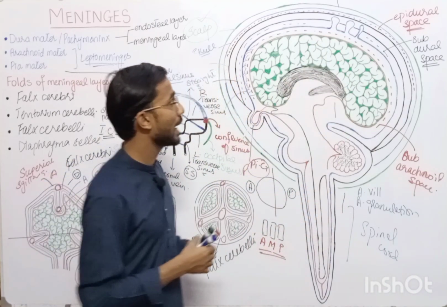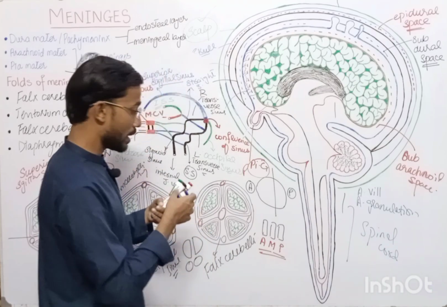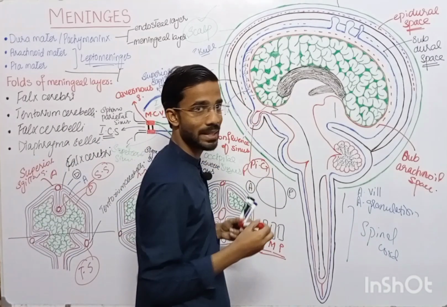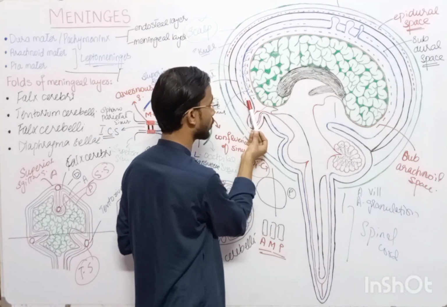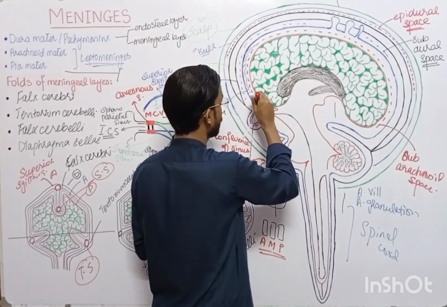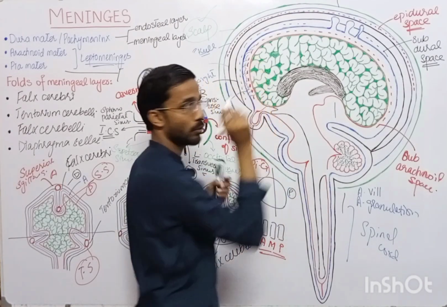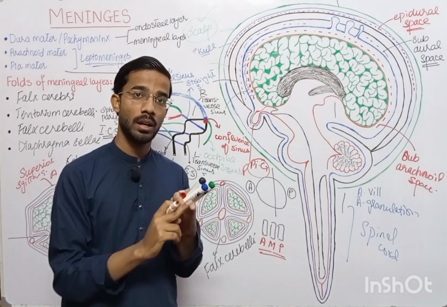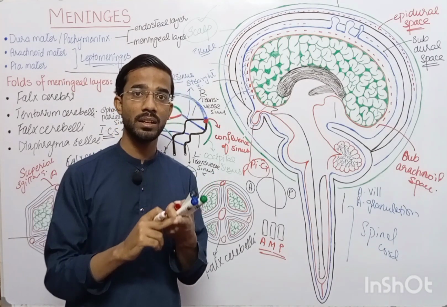And the cerebrospinal fluid is present in the subarachnoid space, which is present between the arachnoid and the pia mater. So here is the space in which three things are present: cerebrospinal fluid, nerves, and the vessels.